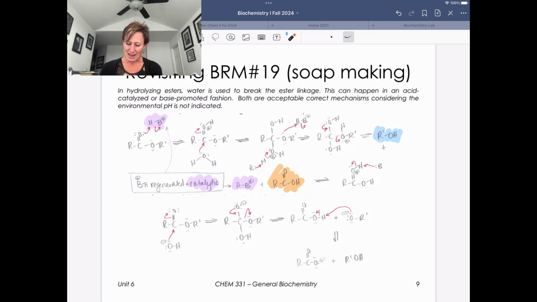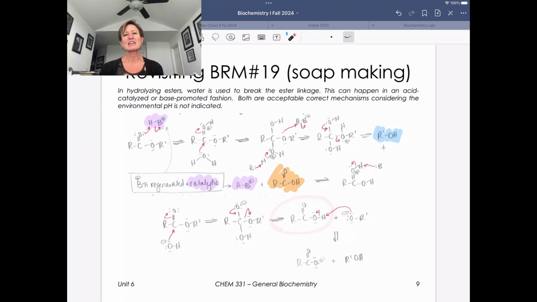Nucleophilic attack here on my ester generates a tetrahedral intermediate. I really don't need to do proton rearranging here because I don't need to deprotonate my incoming nucleophile. It already was deprotonated. And then in this environment, I can likely just have my alkoxide group leave. So in this case, I'll generate these intermediates that probably will reshuffle their protons afterwards.